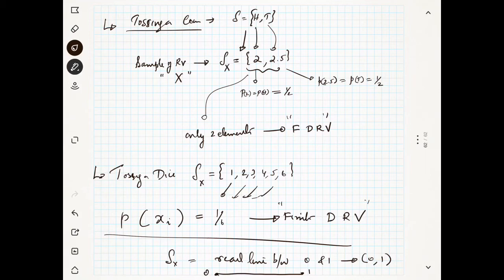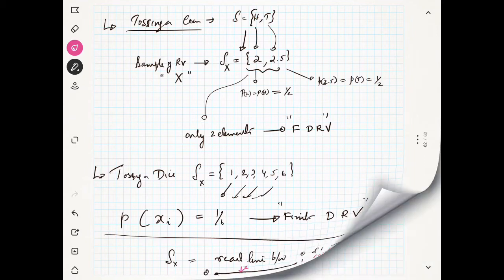If you take any point x here, and the closest point, let's say x1, in between x and x1 you can still find another point, right? So it's not possible to assign a number to each and every point in the whole sample space. So this is a continuous case, a continuous random variable, that we will discuss later.